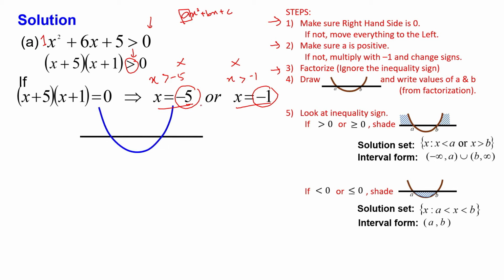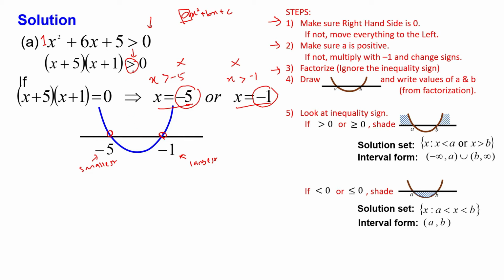Then just draw this U shape. Write with the smallest number and then to the larger number. Smallest number is -5 on the left, and then write the largest on the right side. Look at the inequality symbol. If there's no equal sign here, just draw an empty circle at -5 and -1.